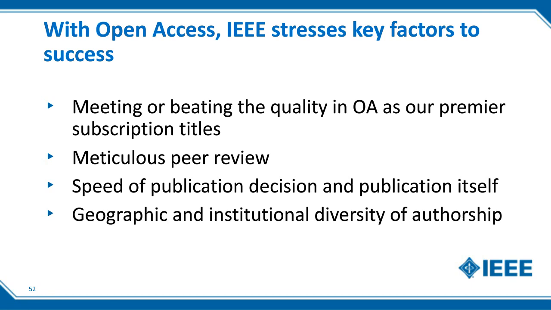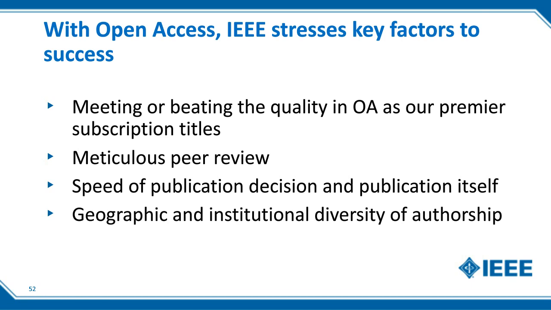We believe in the open access option, but we don't believe in hurting quality. And the speed of publication decision and publication itself is extremely important in this area, and we have been really working to condense that speed without giving up on those quality standards. Geographic and institutional diversity of authorship is also something that we want throughout, and we look to invite papers across the globe and across all types of institutions.